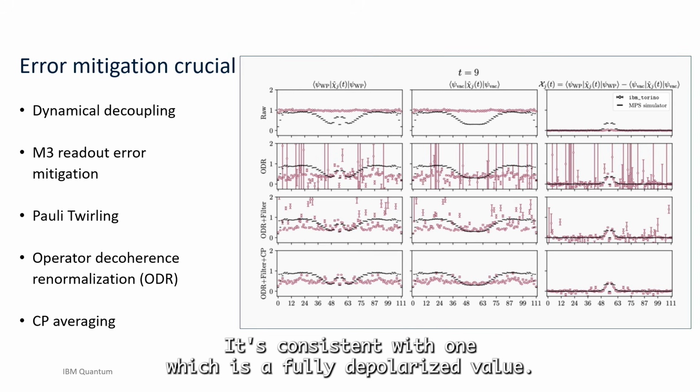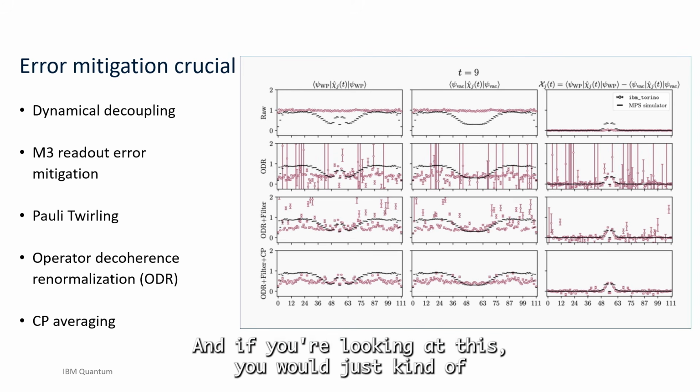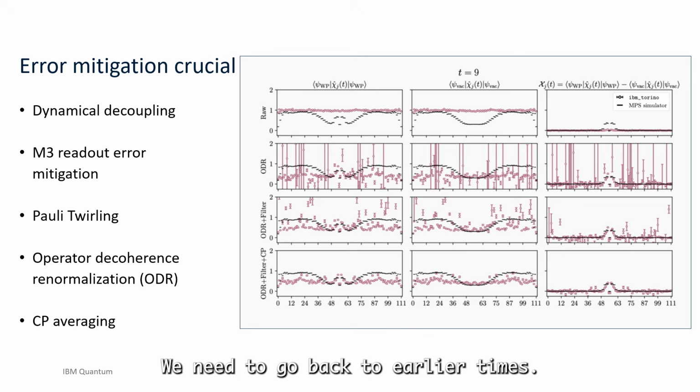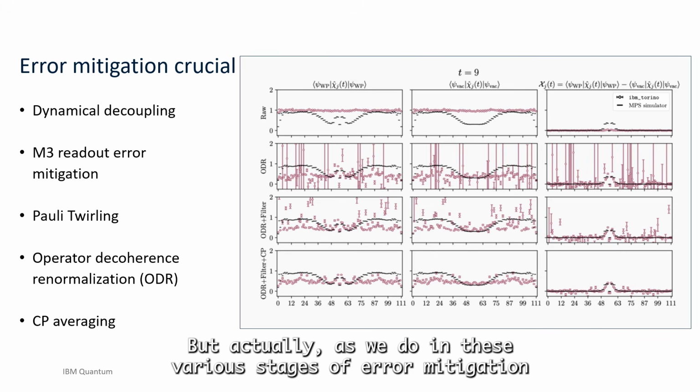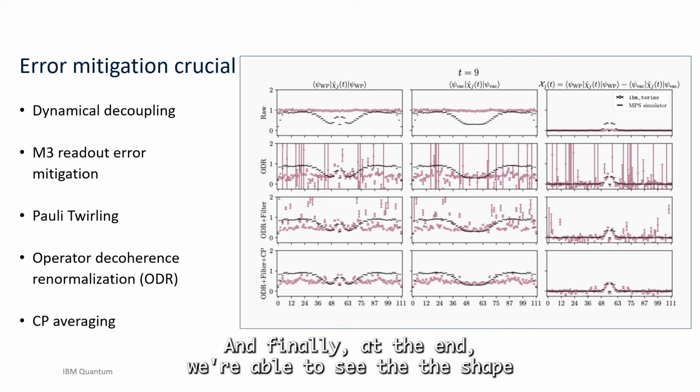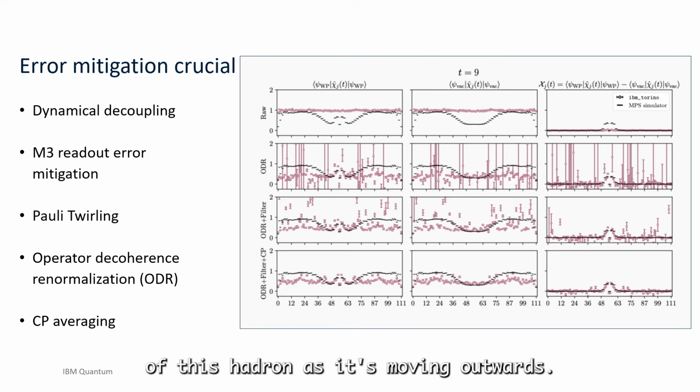It's consistent with 1, which is the fully depolarized value. And if you're looking at this, you would just throw up your hands and say, OK, there's no signal there. We need to go back to earlier times. But actually, after doing these various stages of error mitigation and really trusting the process, you can see this signal emerge. And finally, at the end, we're able to see the shape of this hadron as it's moving outwards.